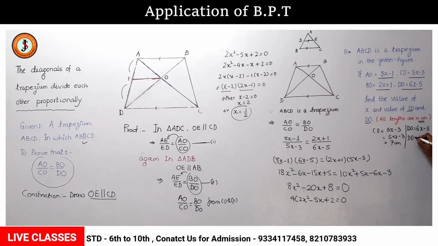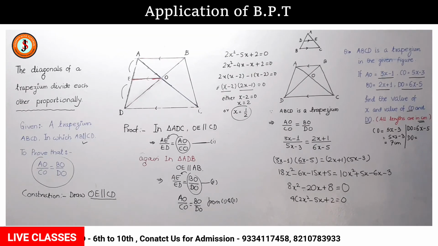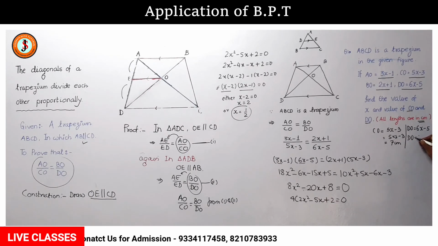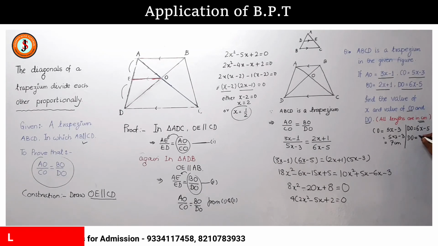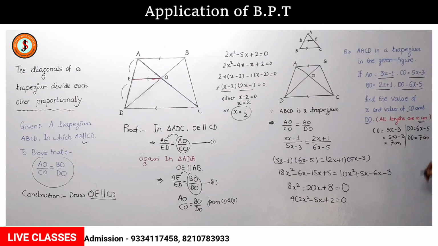So DO will be equal to 6 2s are 12 minus 5. 12 minus 5 will be 7. 7 centimeter, right?